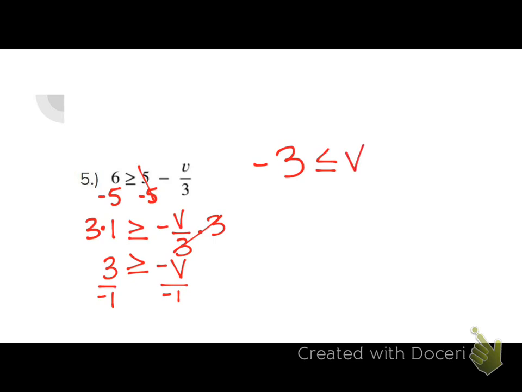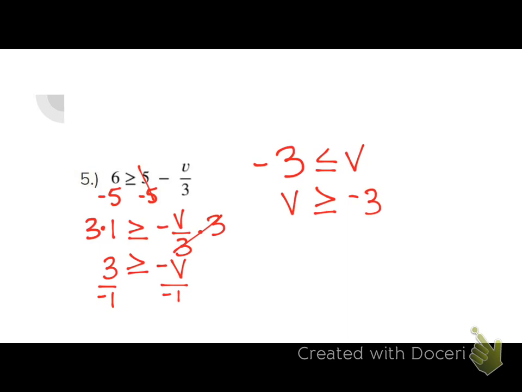Why am I going to have to flip it again? Because the variable is not on the left side. Very good, Jasha. The variable is not on the left. So from here, we've got to flip the whole thing over. So the v flips over to the left, the negative 3 flips over to the right, and the symbol in the middle flips around also.